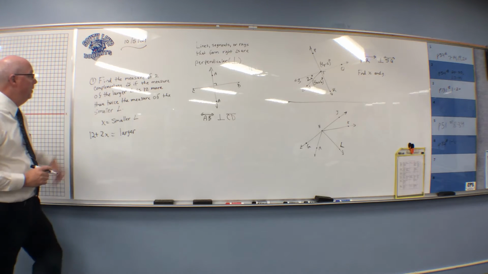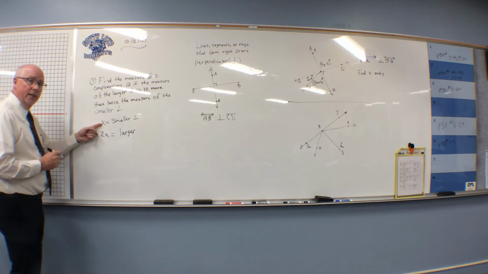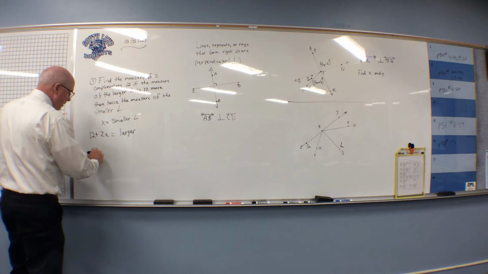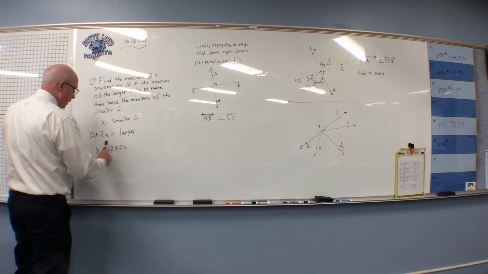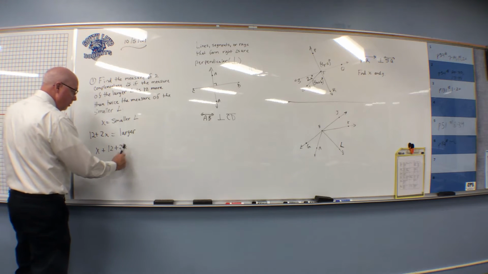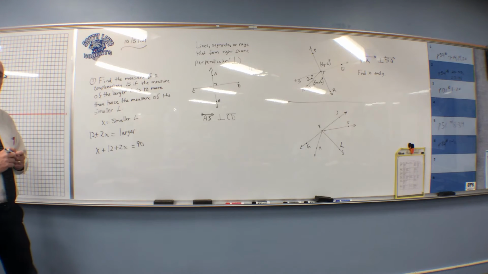Now, if these are complementary angles, what do they add up to? 90. So if I take this angle, x, and I add it to this angle, 12 plus 2x, this is the smaller, this is the larger, I get 90 degrees. You see how you get that equation?